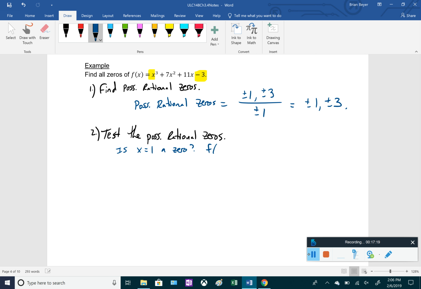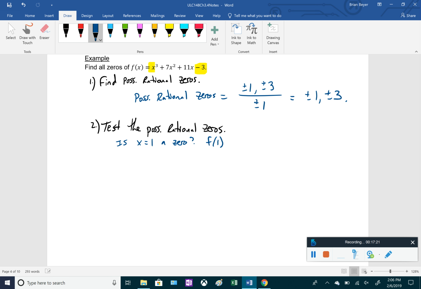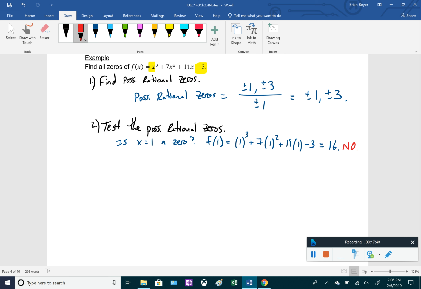So we're going to do f of positive 1. So plug that into the function. That's 1 cubed plus 7 times 1 squared plus 11 times 1 minus 3. So this does not equal 0. This equals 16. So the answer is going to be no.